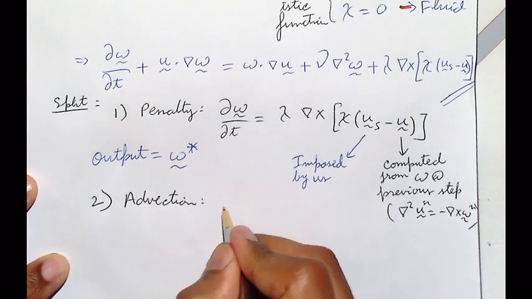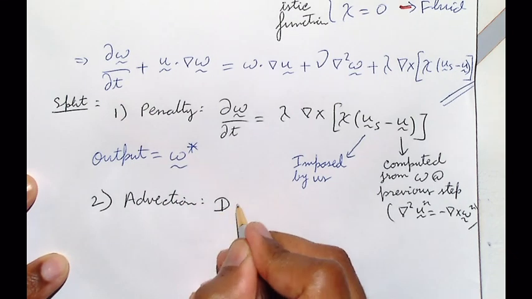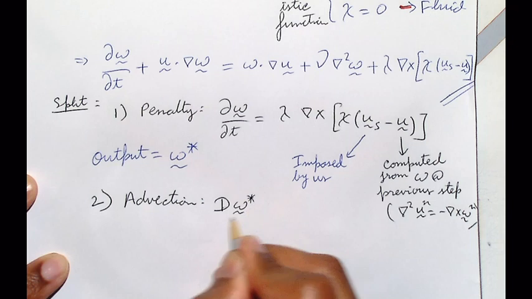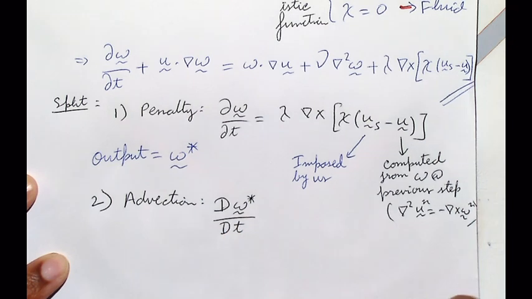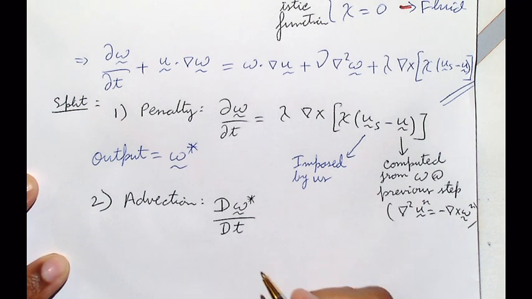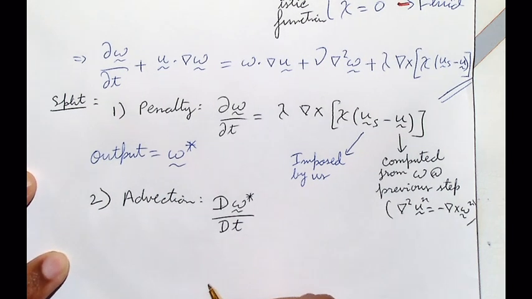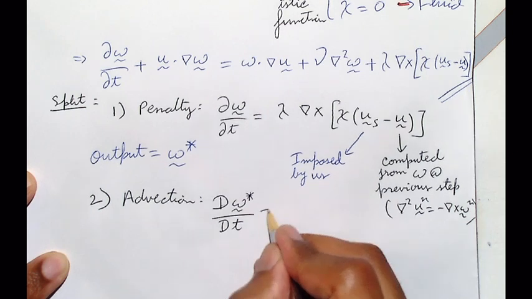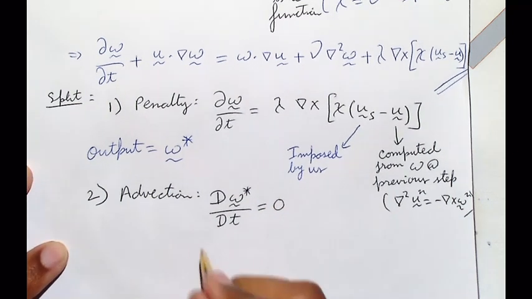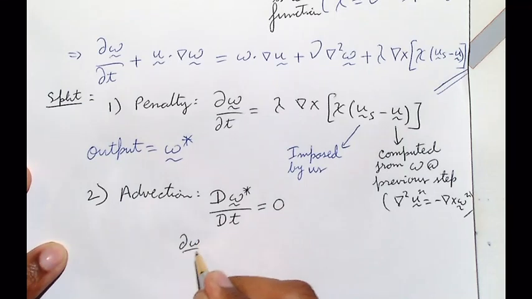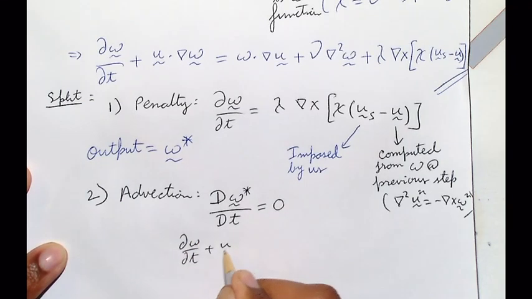So we will do d omega star by dt equal 0, right? This is the advection. When you expand it out, it's just d omega by dt plus u dot nabla omega.